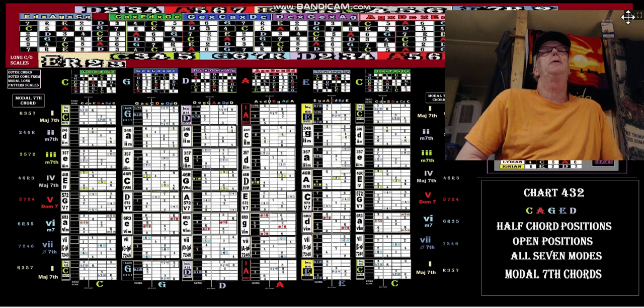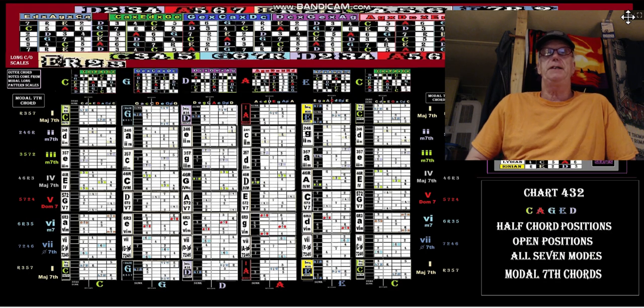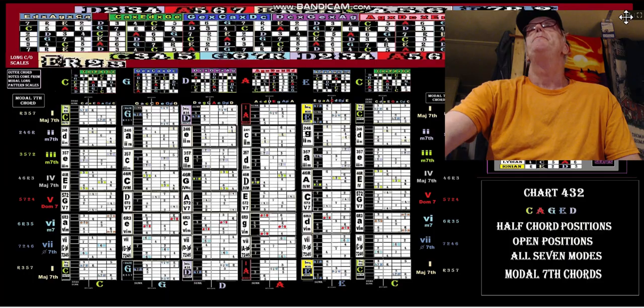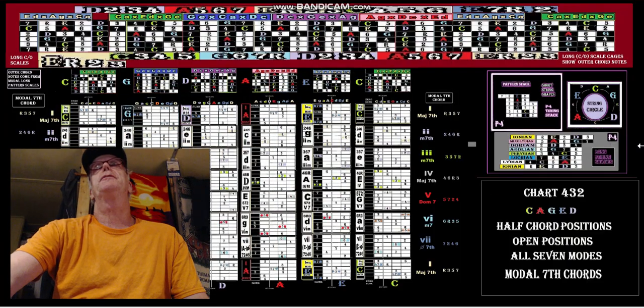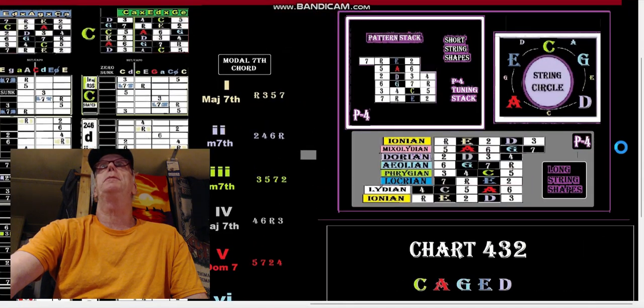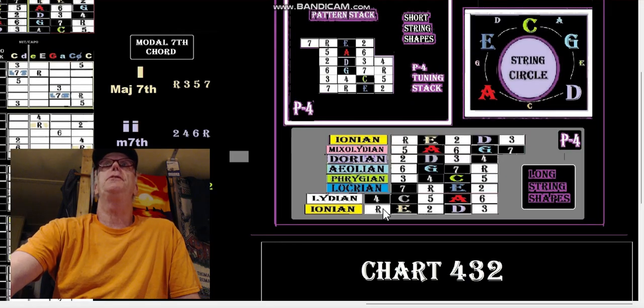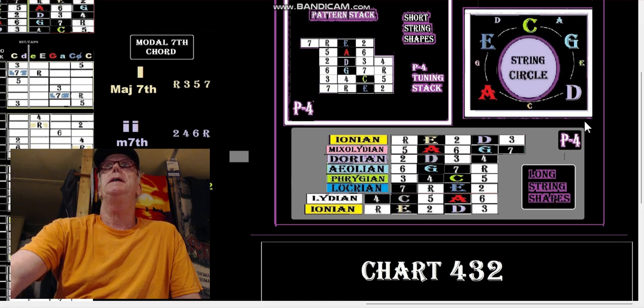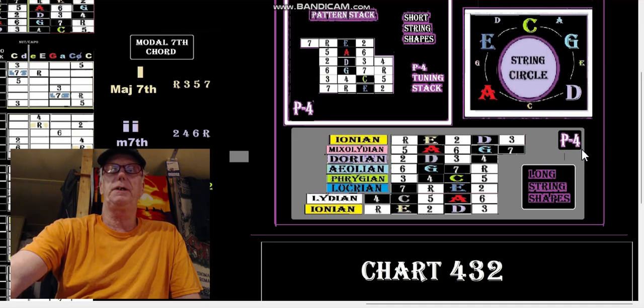And now we're going back to basically the cage system and the modal system, for the purpose of what? I'm going to put me over here for a second, and we're going to zoom in on this little box. This is the modal string shapes: Ionian, root 2, 3; Lydian, 4, 5, 6; Locrian, 7, root 2. And this is where they stack up in P4 tuning.